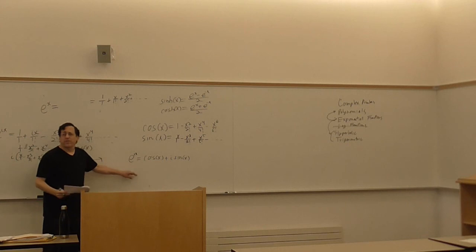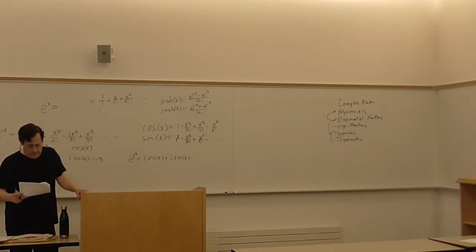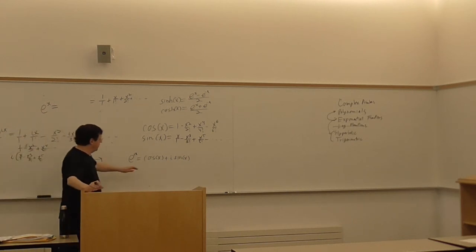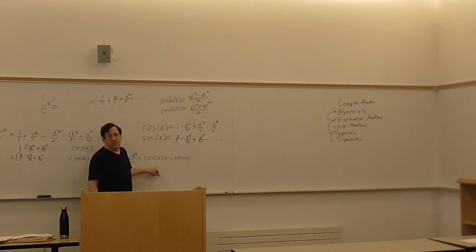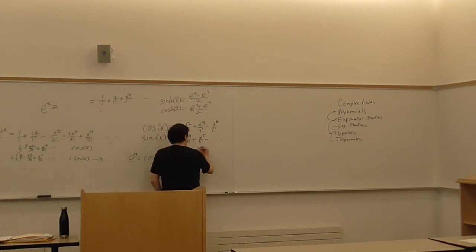This is a really important formula called Euler's formula. And one last thing. These x's are not in degrees, they're in radians. If you haven't heard of radians, don't worry, we're going to learn about them. The thing to know right now is that pi radians is 180 degrees.